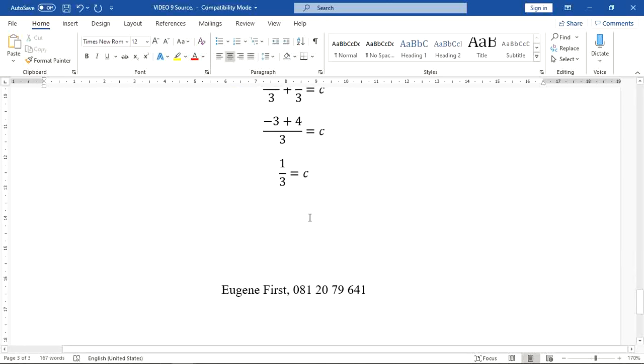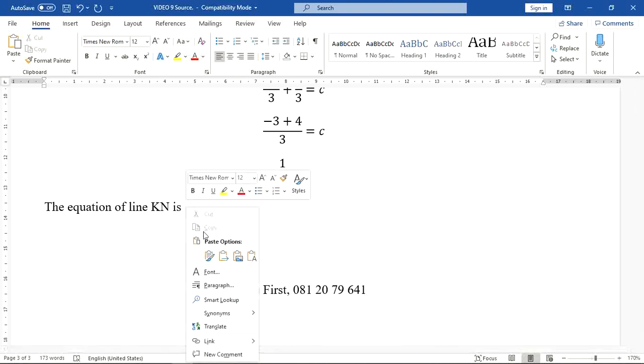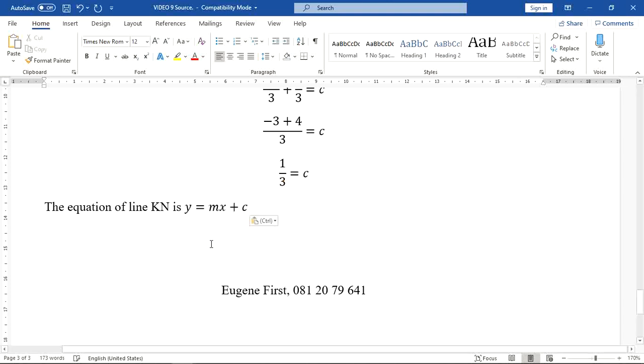So let's take it here and say the equation of line Kn is, keep it all letters, y equals.